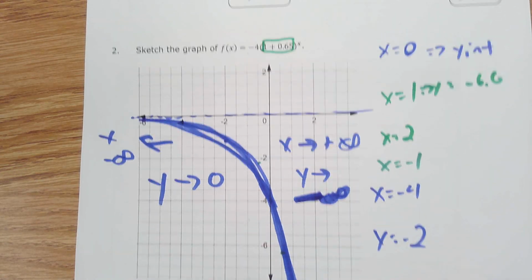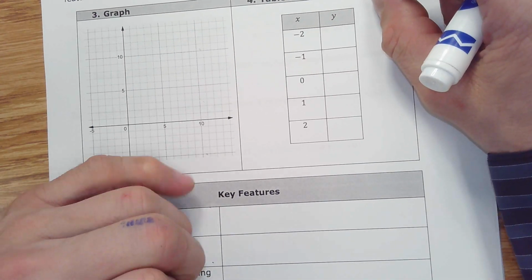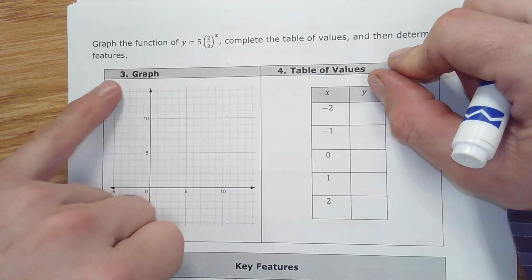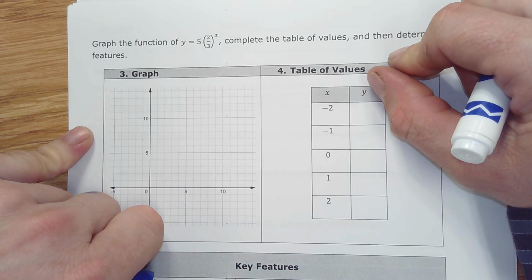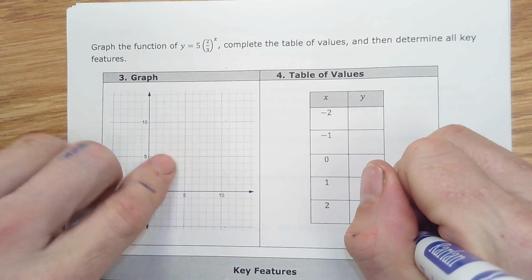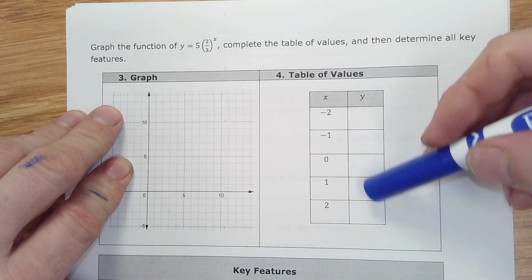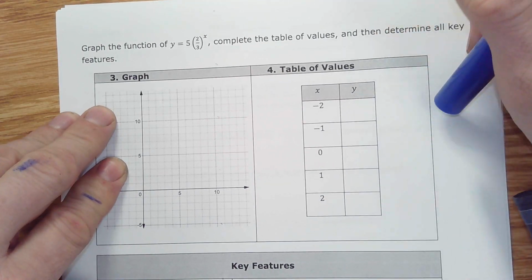Okay, so that gives us a pretty good understanding of what we've got going on here. So here's this 5 times 2/3, my growth factor, so it's going to grow by like 66% every time. And I even gave us cool values to plop in here.